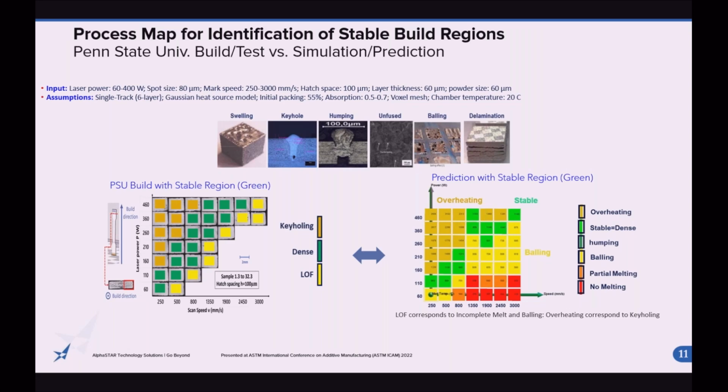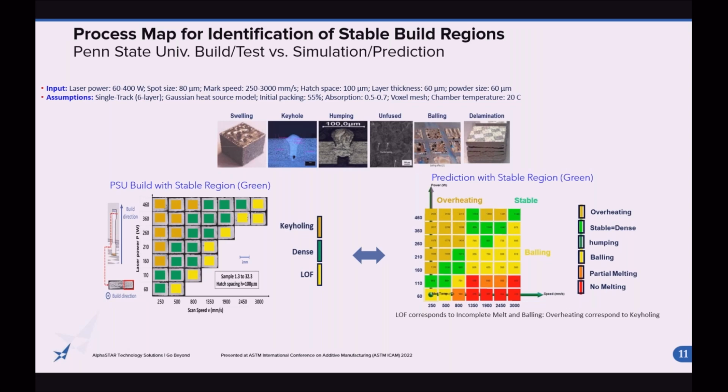And on the right, you can see the predicted process map generated by our ICME toolset. And we happen to use a 5-category system to describe those stable and unstable build regions.